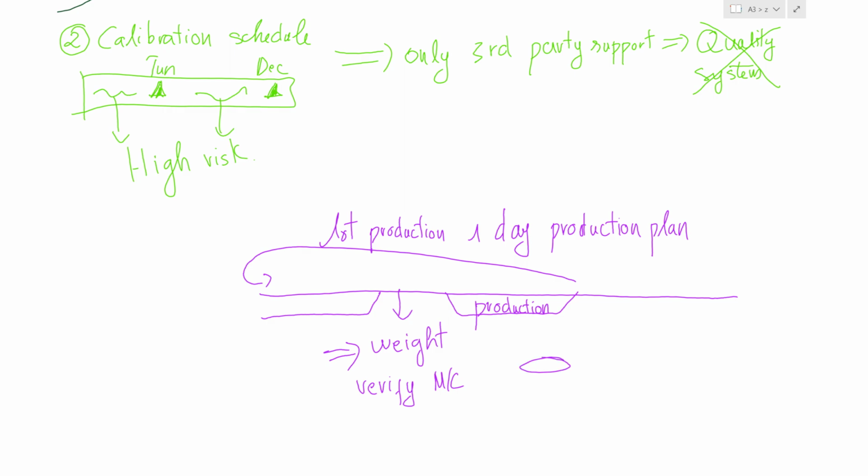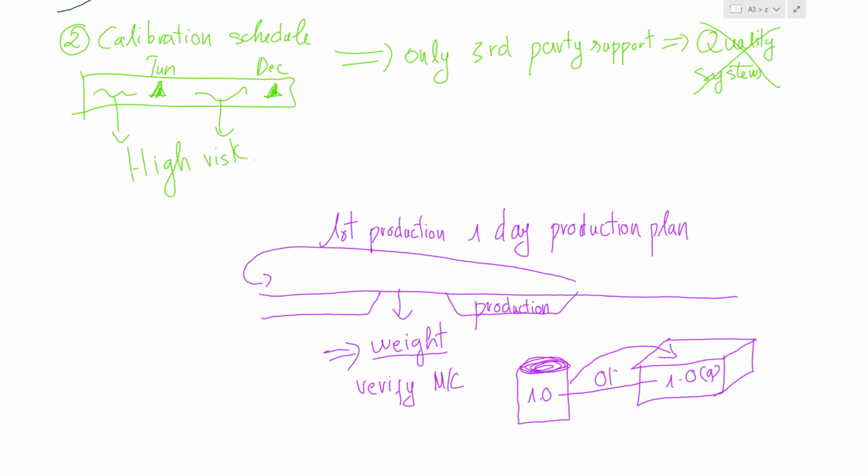For example, here is your standard calibration weight and here is your weight scale. Before you weigh the material here, you need to put the standard calibration weight on the machine. Check that the result is 1 gram. The 2 numbers are the same, so you judge it okay. After it is okay, you take the material onto the scale and start working.